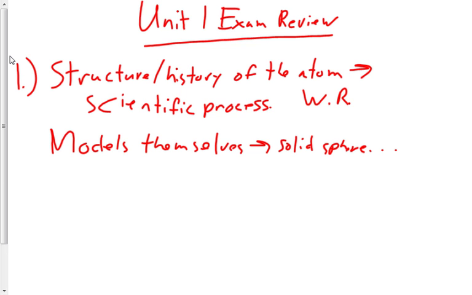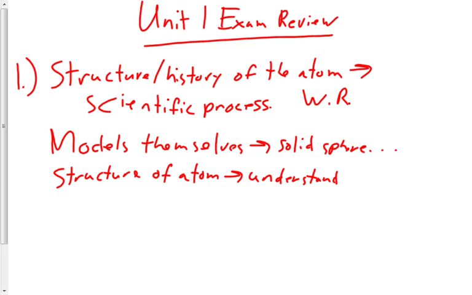Other things here would be the structure of the atom itself. I would probably be looking at your understanding of that, not necessarily that you can memorize that the electrons are outside and the protons and neutrons are in the nucleus. Not that that isn't important, but I would be looking more for understanding here. Maybe asking you to extrapolate to drawing a picture of an atom.